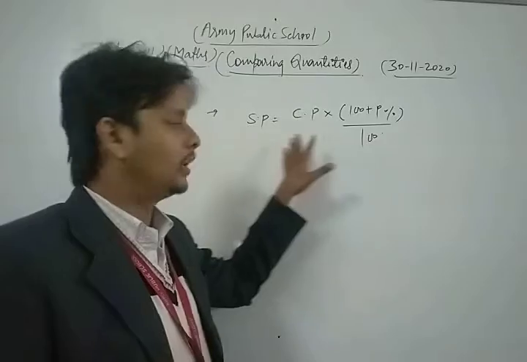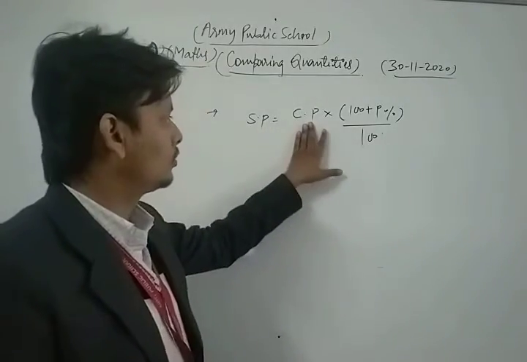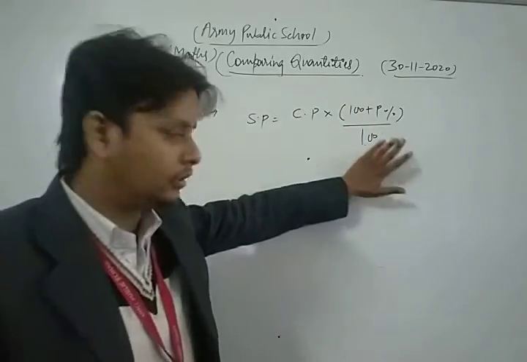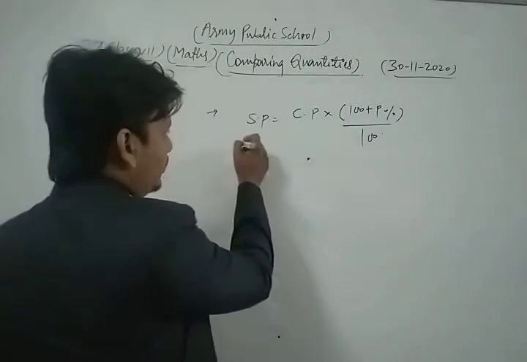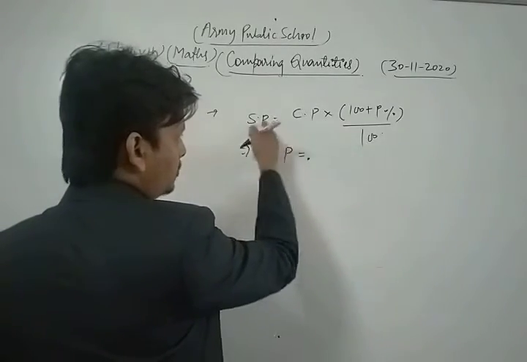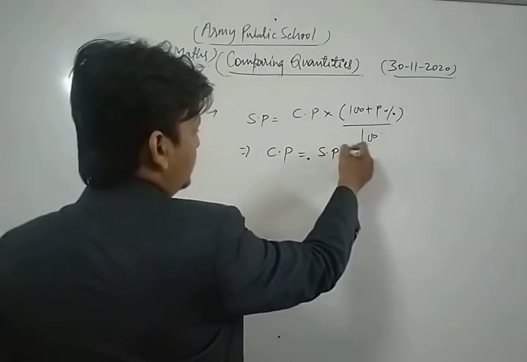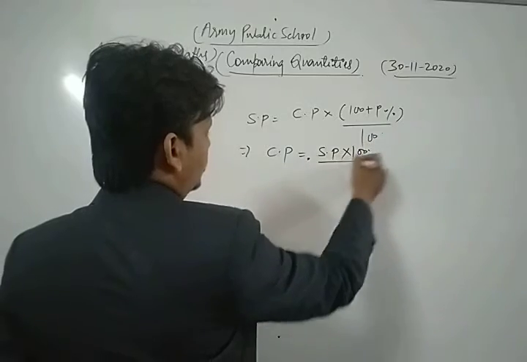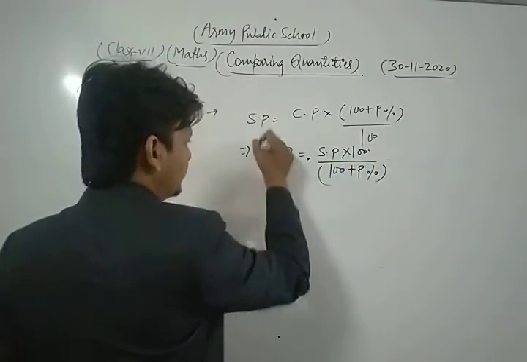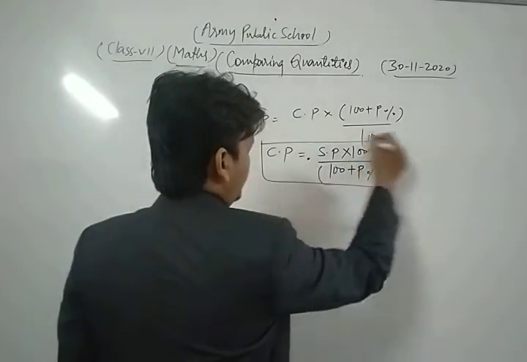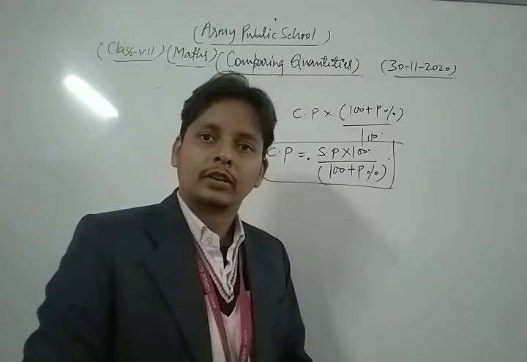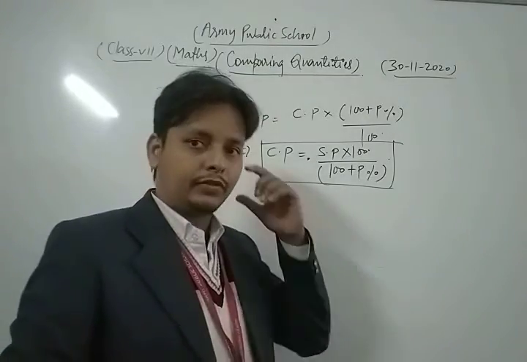Now from there we also find the formula for the cost price. We do cross multiplication here. So cost price is selling price into 100 upon 100 plus profit percent. When selling price is given as well as profit percent is given, then we apply that formula.